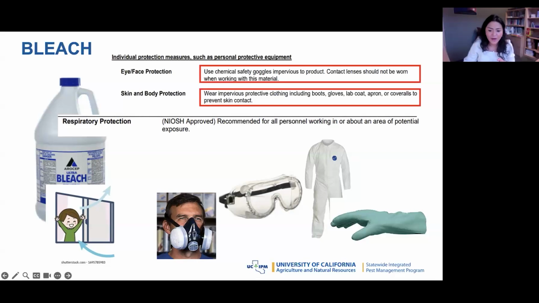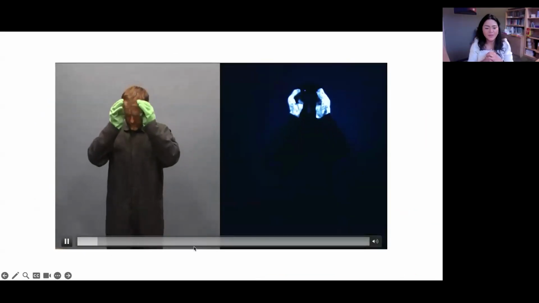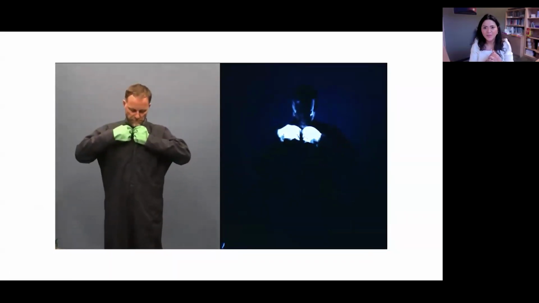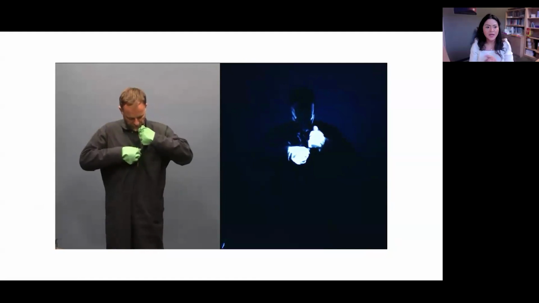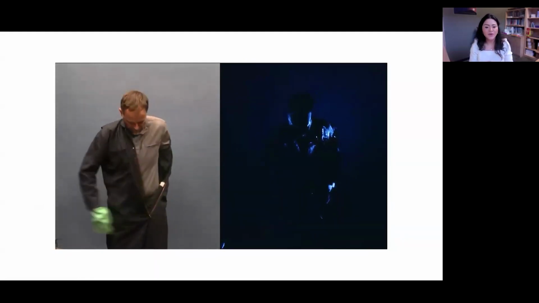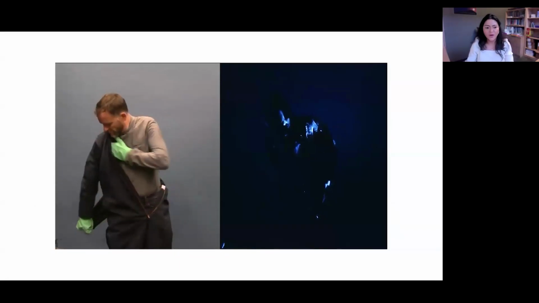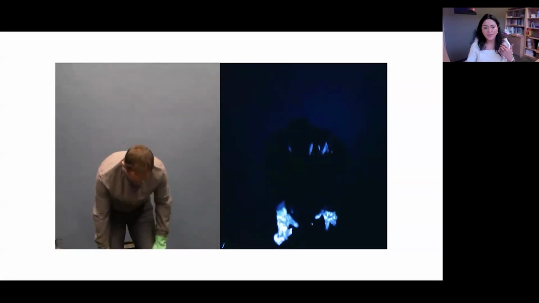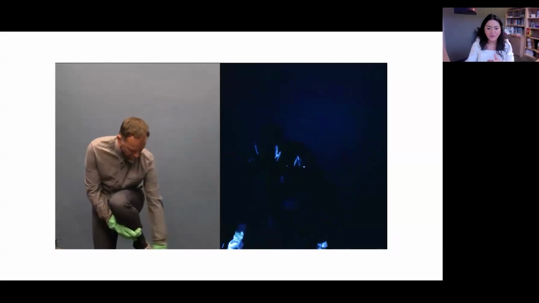And before we go, I wanted to show this very brief video of a person removing their PPE and why it's so important to have a proper decontamination protocol, because if you don't wash your gloves before removing them, you're going to end up introducing residues to your face or to other areas.